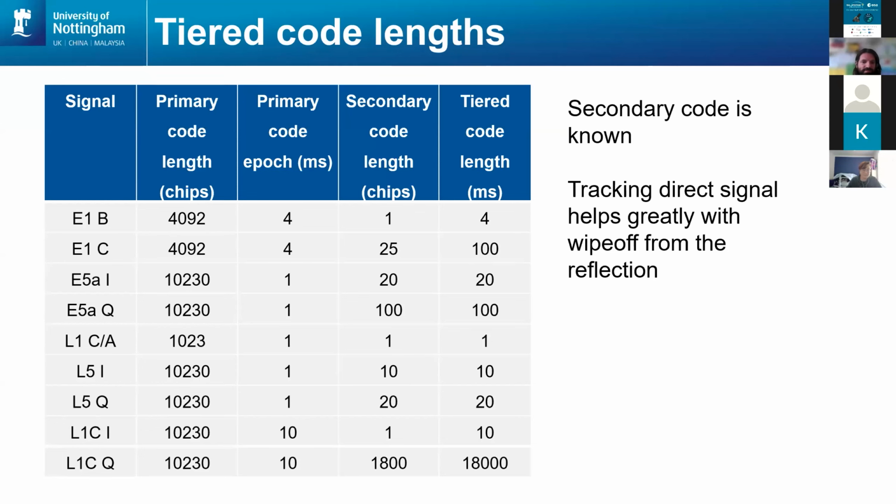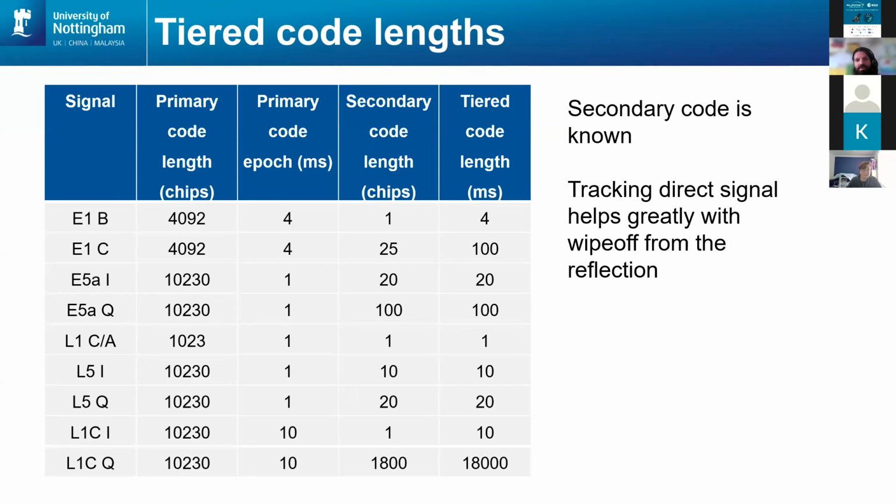And some of them repeat every millisecond, some every 4 milliseconds. But potentially in some of these signals, we now have it being inverted by the secondary code every millisecond. So we need to be able to effectively wipe that off in the receiver in order to integrate for longer.